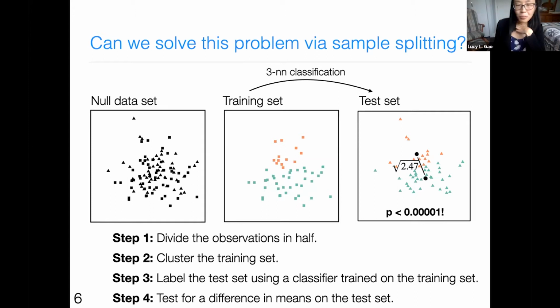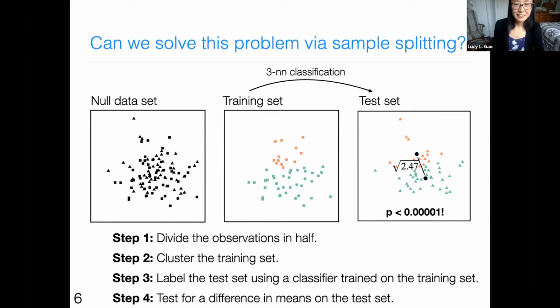So why do we expect sample splitting to work? Sample splitting usually works in a lot of selective inference type settings because we can avoid double dipping by using sample splitting. But unfortunately, in this case, we weren't actually able to avoid double dipping at all here.